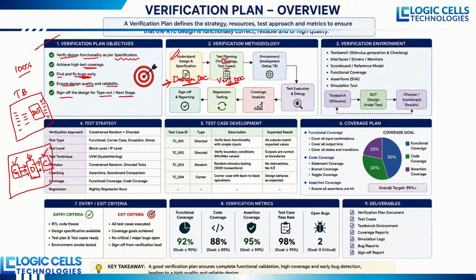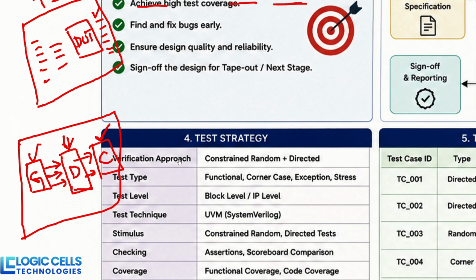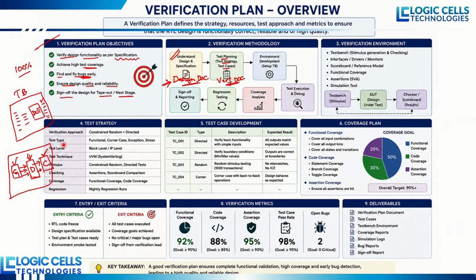The data generator generates the input values to the DUT, the DUT performs its operation, and the checker checks your output. That is what we have in any simple test bench.